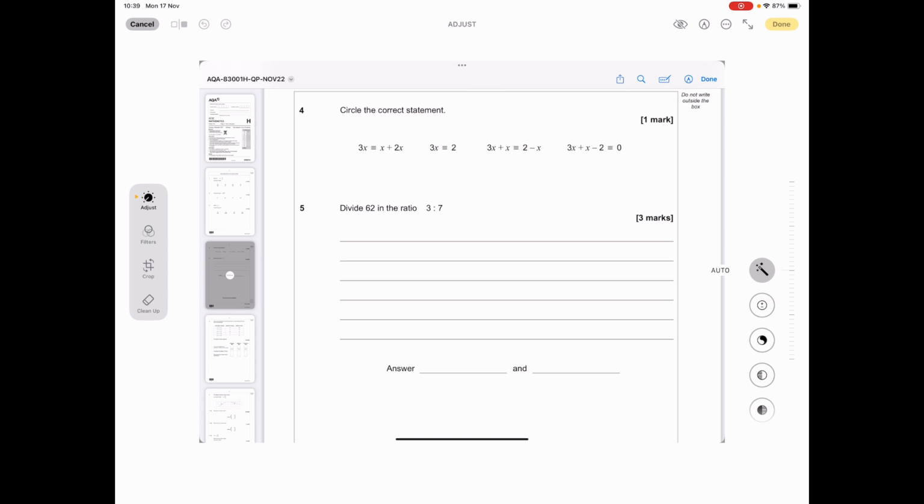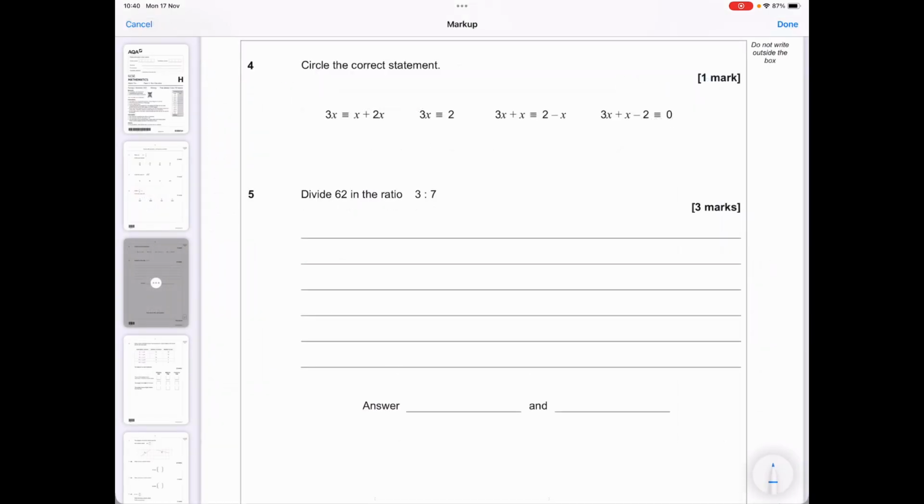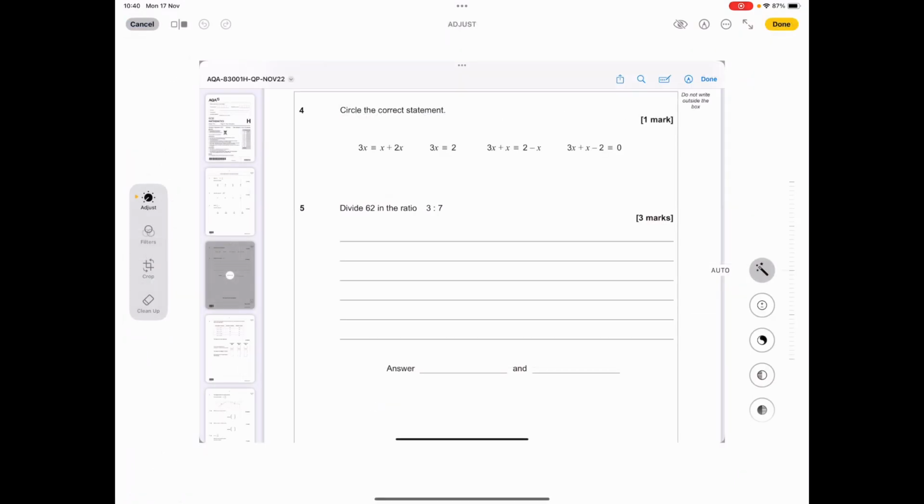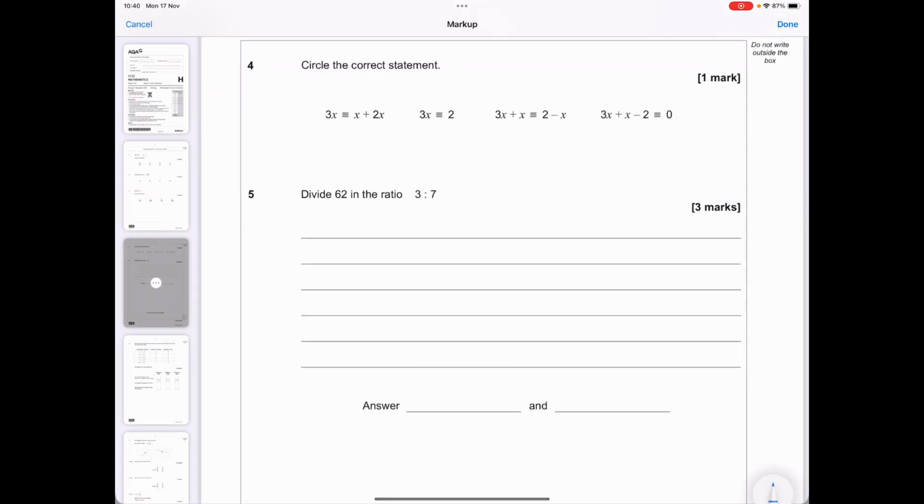Well, no, we could find out that x equals 2/3, but it doesn't, by its nature, just mean that. That's 4x, that's 2x plus 1. The only one that makes sense is that's 3x on that side, and that's 2x. That's x plus 2x, which is 3x, so 3x equals 3x.